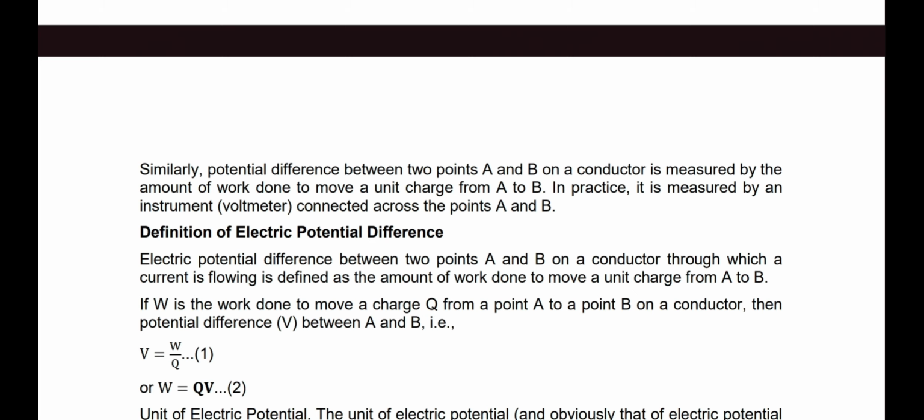Similarly, the potential difference between two points A and B on a conductor is measured by the amount of work done to move a unit charge from A to B. As with temperature difference, pressure difference, and height difference, potential difference between two points on a conductor is measured by the work done to move a unit charge from point A to point B.